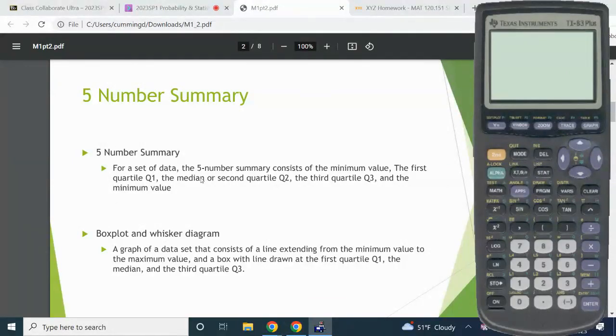It also identifies the first quartile, which is Q1, the second quartile, which is Q2, and it's also known as the median. And the third quartile is Q3. So notice in this five number summary, there is no mode. There's no mean. There's only the median.